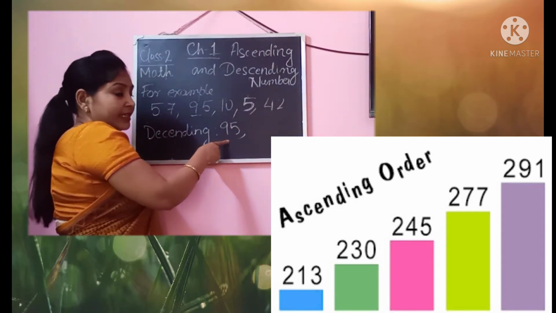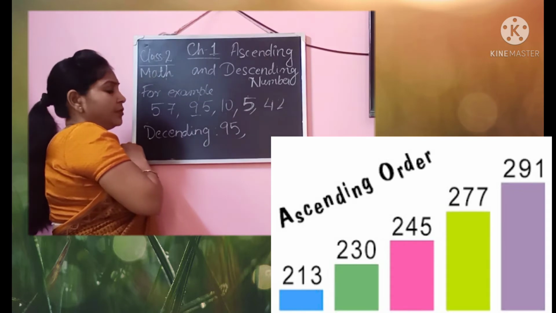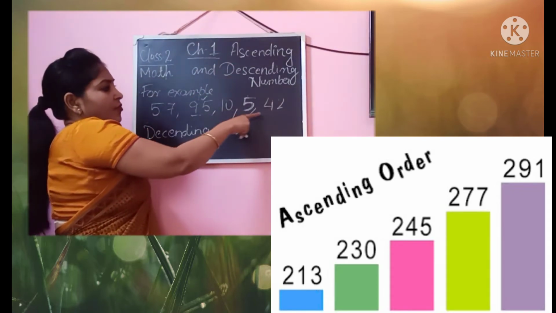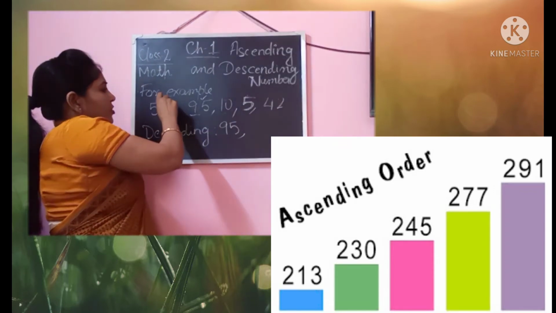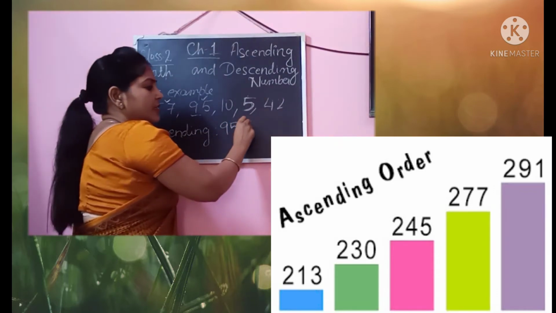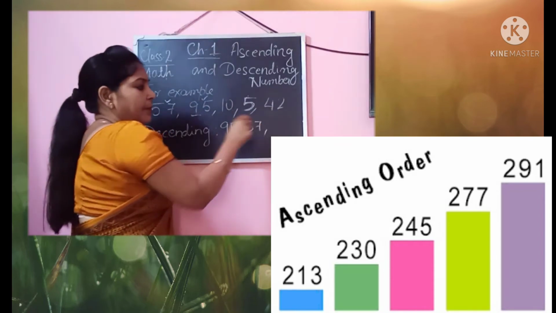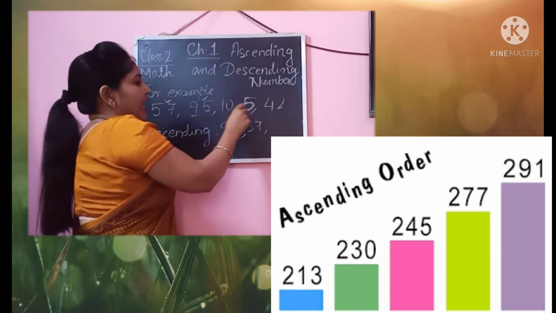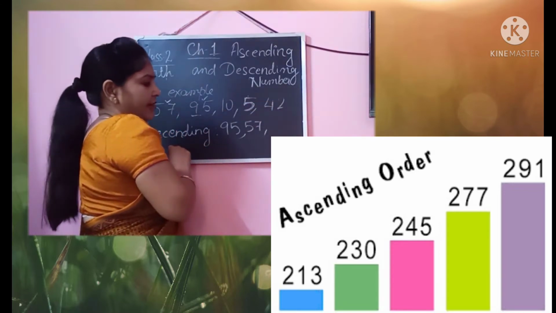Now, which one is smaller than 95? 95 is done. Now we have 57, 42, 5 and 10. So it seems 57 is the next smaller number. Okay. 57 is also done. Now we have these 3 numbers, 42, 5 and 10.